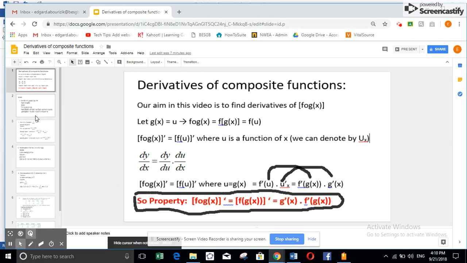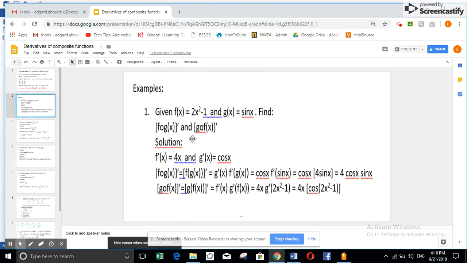So let us take some examples. Given f of x is 2x squared minus 1 and g of x is sine x, we want to find the derivative of f of g of x and g of f of x. Let us start first of all by finding the derivative of f and g. Derivative of f is 4x, derivative of g is cosine x. Now we want to find derivative of f of g.